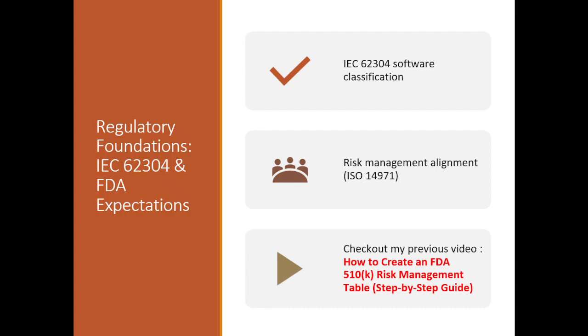They are Class A, no injury, Class B, non-serious injury, and Class C, serious injury or death. Similarly, the FDA characterizes medical devices into Class 1, 2, and 3 based on risk as well. Your SRS should align with your software's classification and incorporate necessary risk control measures.